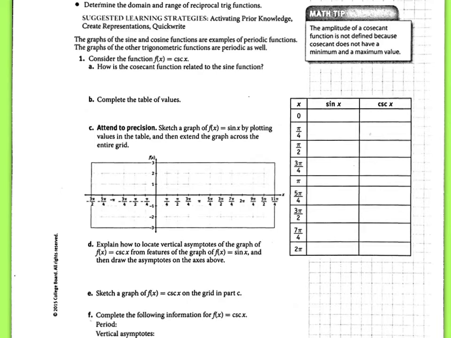So how are the cosecant and the sine related? Of course, they are reciprocals. All right, so we know we flip one over to get the other one. So if we think about some values, the sine of 0 is 0, the sine of pi over 2 is 1, sine of pi is 0, sine of 3 pi over 2 is -1, and at 2 pi we're back at 0.